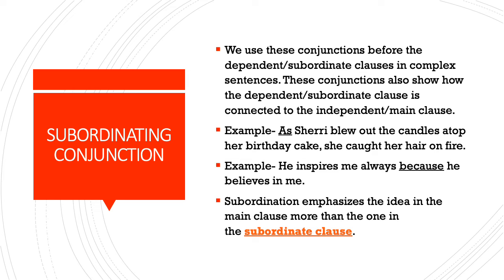Correct? So that is our independent clause. Now coming to the dependent or the subordinate clause. What is a dependent clause? Remember, it has a subject, it has a verb, but it is not complete on its own. So if I say "as Sherry blew out the candles atop her birthday cake" and end the sentence there, will it make sense?